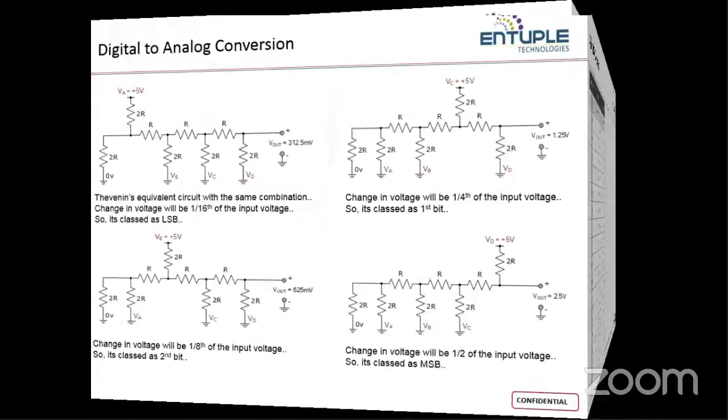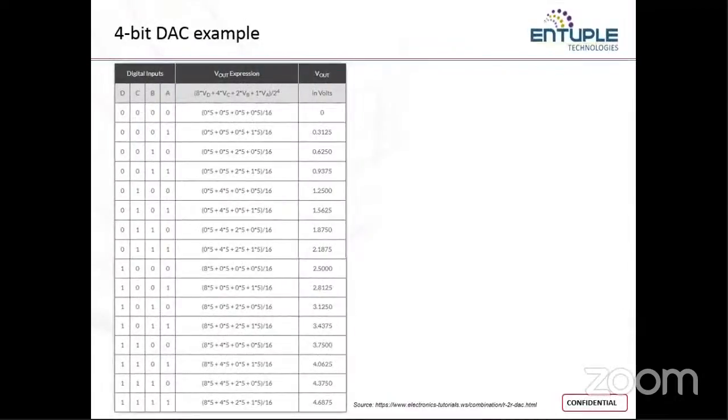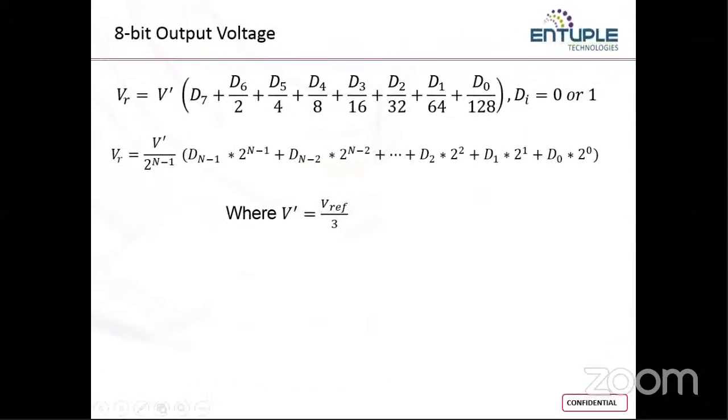This is how it works, and for different combinations of inputs we get the output voltage of the R-2R ladder network. This is for a 4-bit ladder network. Similarly, if you expand it to 8-bit, you can see the formula. Like this, you can expand it to 16-bit or 32-bit also.